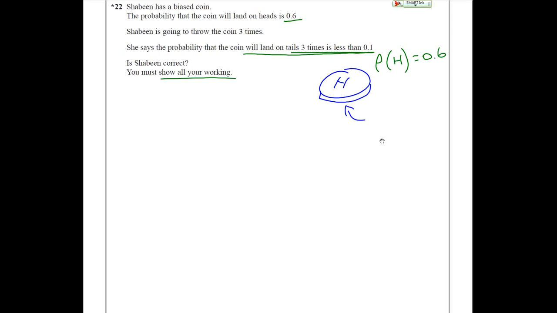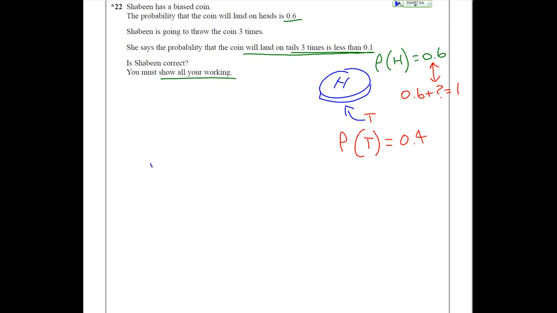Okay. So land on tails 3 times. So the probability of getting a tail is going to be, assuming you can only get a head or a tail and it can't land on its side, it's going to have to add up to 1. Okay? Because the probabilities of the only possibilities must add up to 1. So that's 0.4.